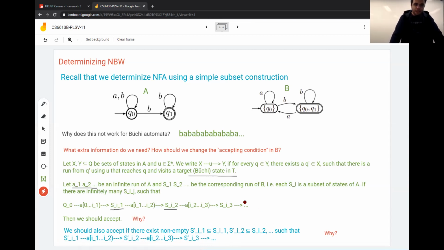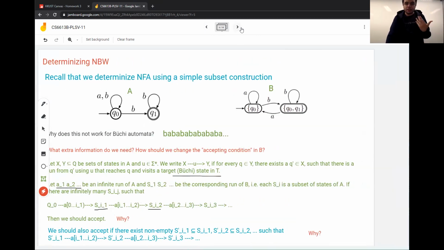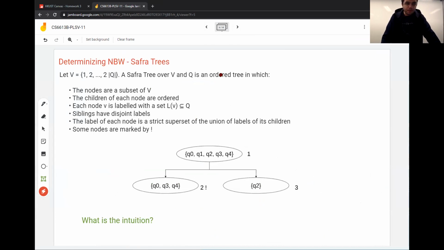Okay. So this is our main idea for trying to prove and basically reduce from the non-deterministic case to the deterministic case. But now let's become much more formal.